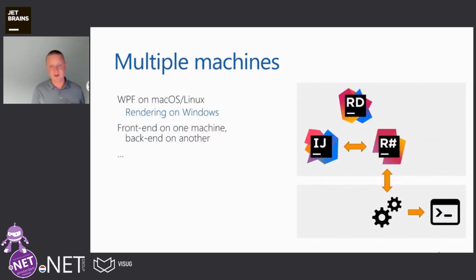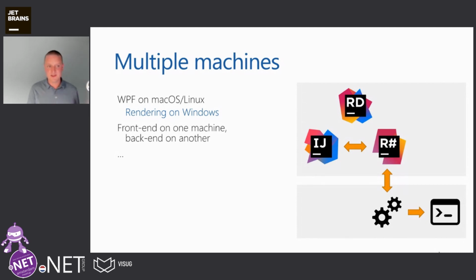The fact that we can communicate across machine boundaries also means that we could do interesting things. And by the way, none of these things are working today, but they're just thinking about what we could do with the protocol. What if we, on a macOS or on Linux, could do the rendering of a WPF preview on a Windows machine while you are developing on your macOS or Linux machine?